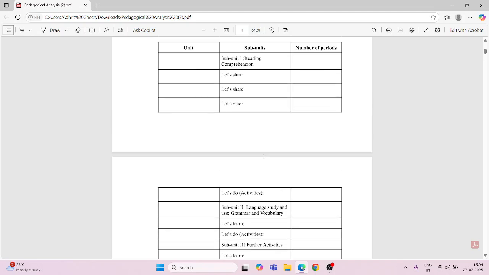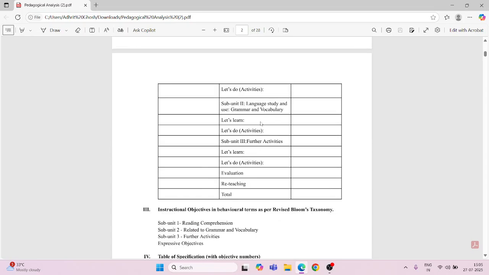So this way we usually divide the subunits according to the same pattern. But when it comes to Bliss or Realm, we change the pattern, or we do not stick to this let's start, let's share pattern. We change it a little bit.